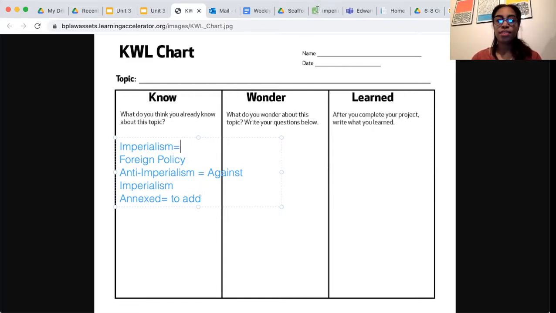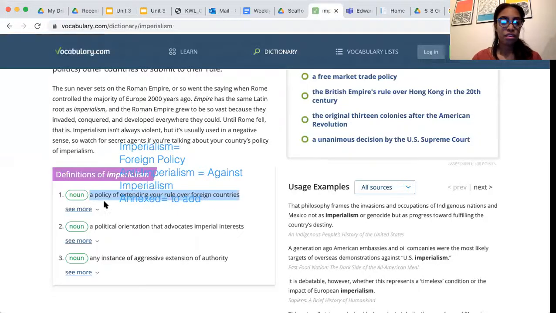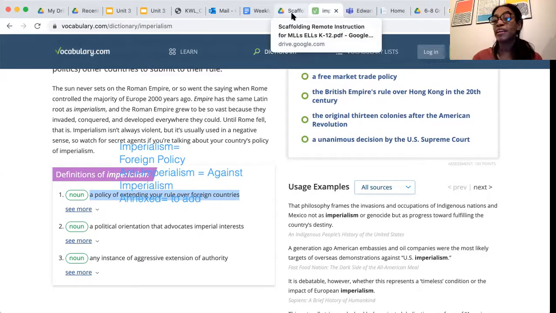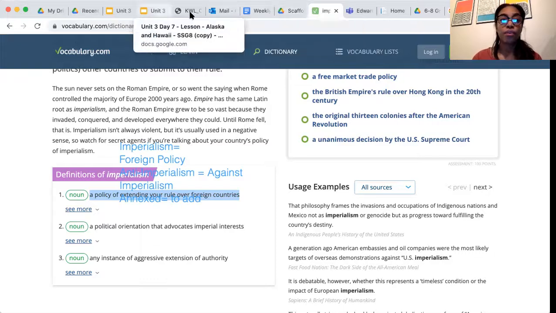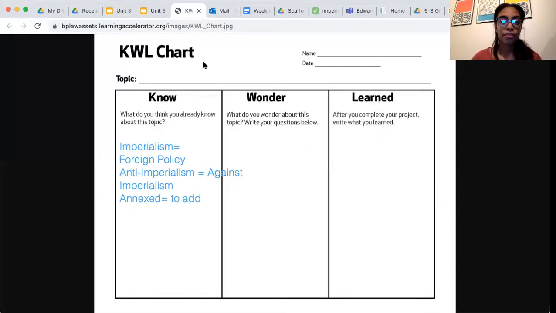And as we already discussed, imperialism is a policy of extending your rule over foreign countries or territories. So let's add that here.